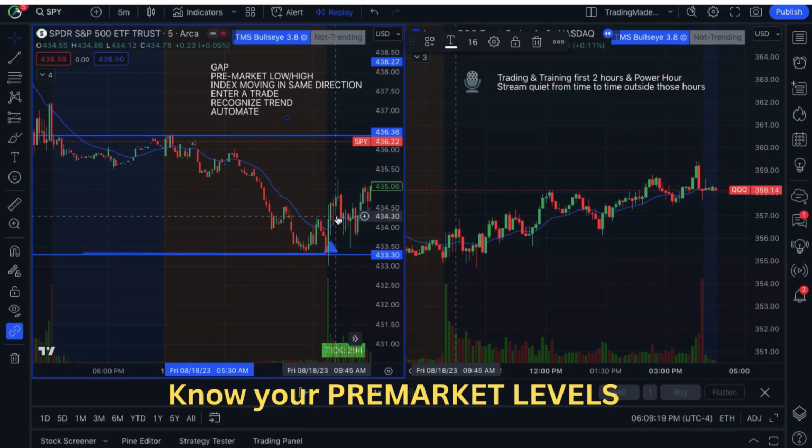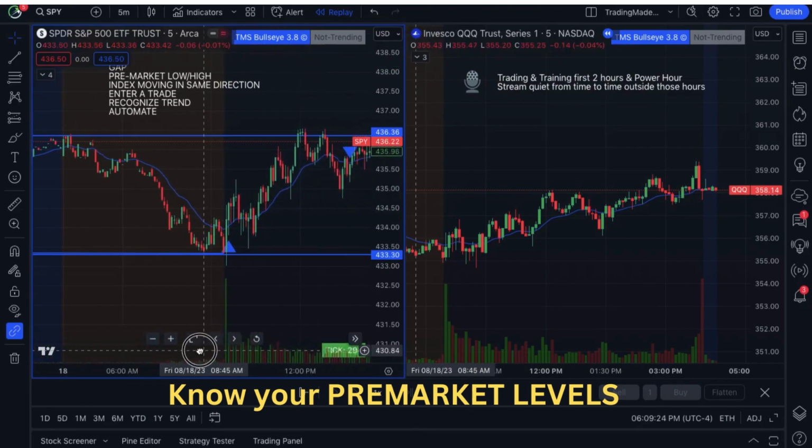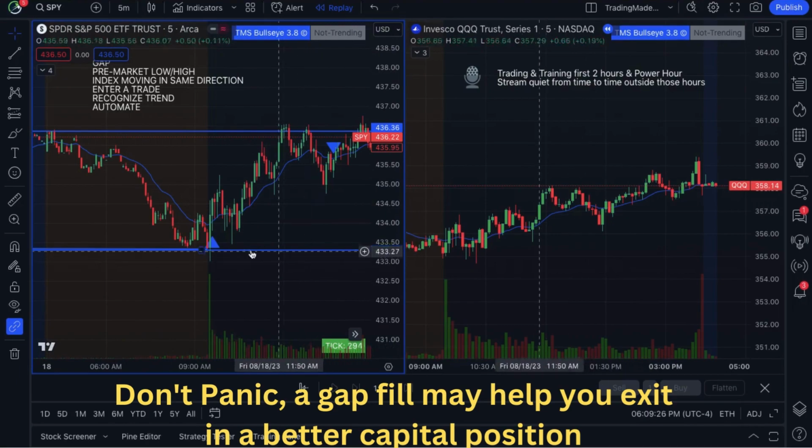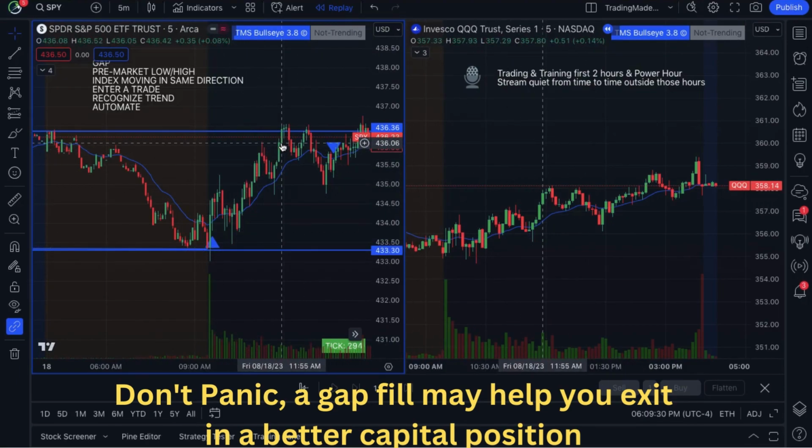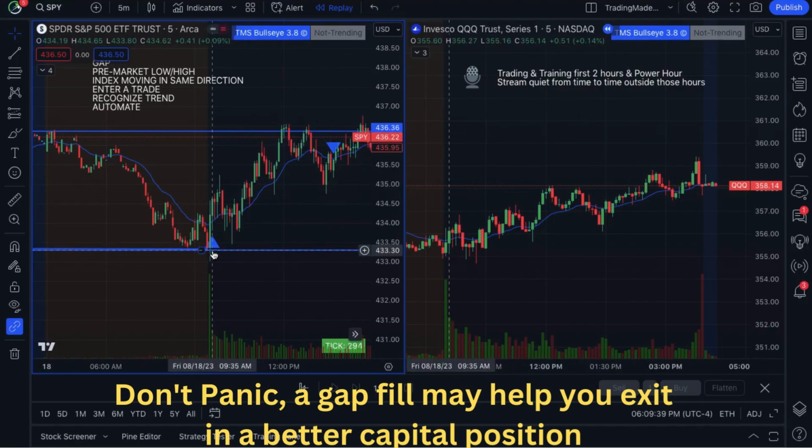Now, if you're in a losing position because of a gap, you really want to identify that, hey, don't panic, because we may want to do a gap fill. And if we do a gap fill, I'll be able to recover most of my capital. And if this ends up being a gap and go, I might even make some profit and close that position.